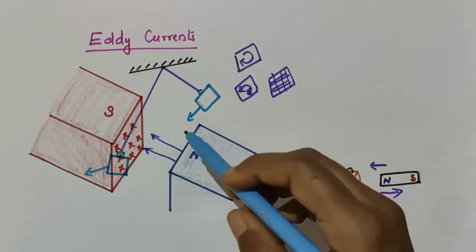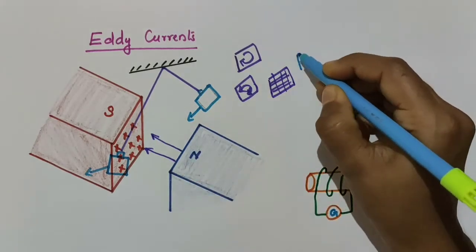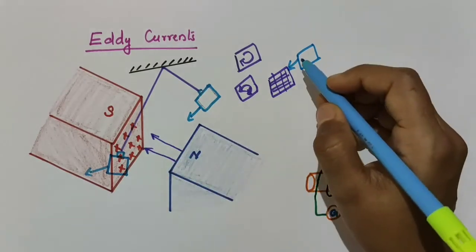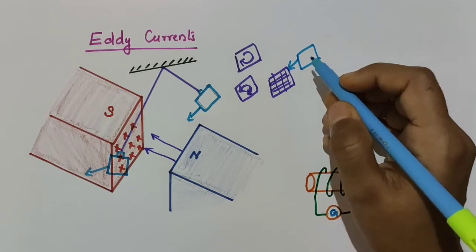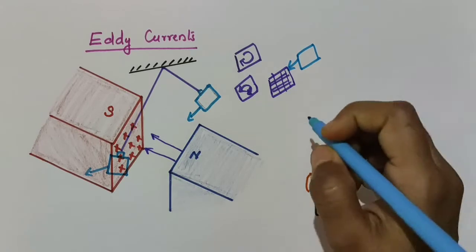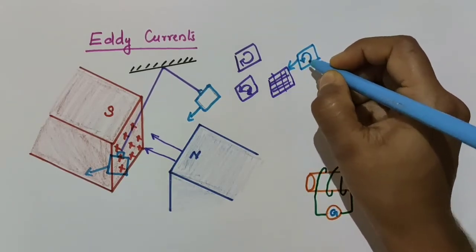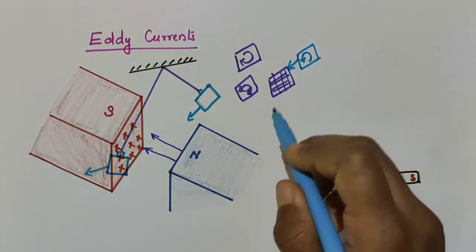So there is a change in flux, and the electrons in the copper plate, which goes into this region, start circulating in such a direction that the current induced is in the anti-clockwise direction. Anti-clockwise direction means like this. Current produced in the anti-clockwise direction, so electrons will be moving in the clockwise direction.